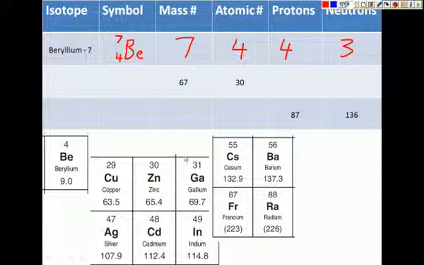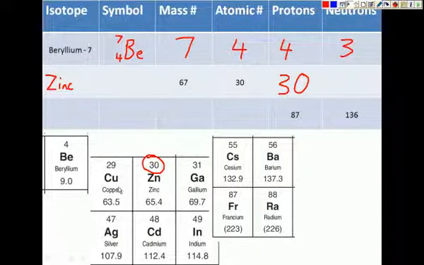The second one is a little bit more difficult. It says the mass number is 67. The atomic number is 30. So on your periodic table you have to look for, here it is, 30. That is the number of protons. The element is called zinc. The mass number is 67.